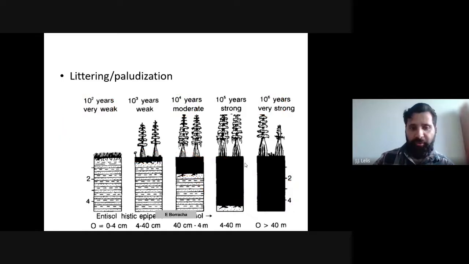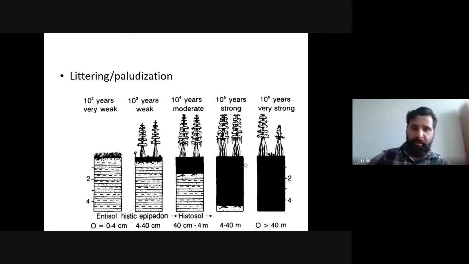So accumulation of organic matter and production of organic layer also spends a lot of time, because of course we have the production and accumulation of the organic matter, but at the same time we have the decomposition of that material.